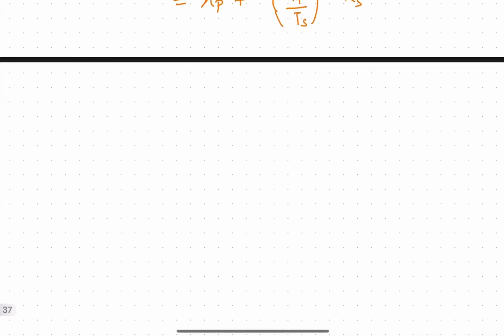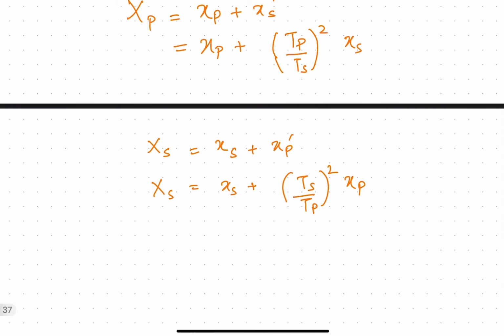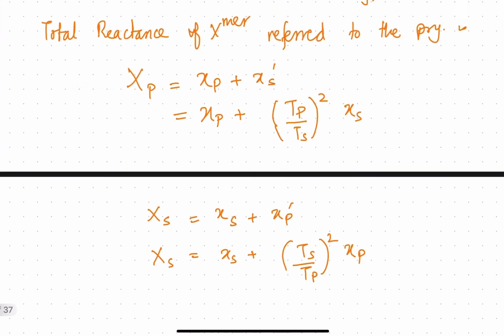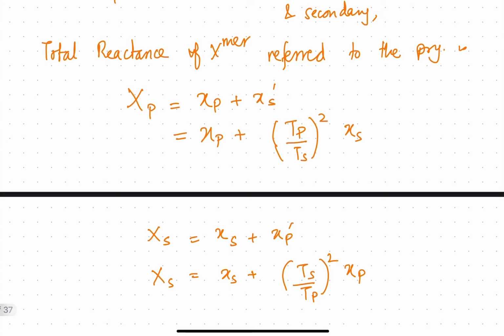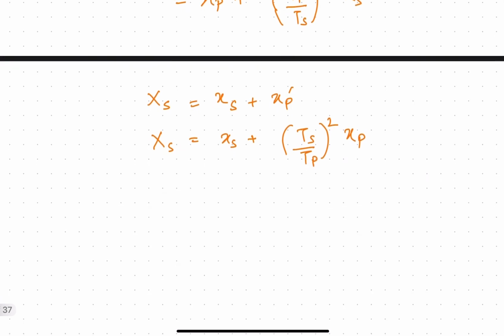And if you want to get the reactance referred to the secondary side, it's going to be xs plus xp dash, which is xs plus the inverse ratio whole squared times xp. One other thing that you must keep in mind is that this estimation of leakage flux or reactance is always difficult, because this involves calculation over a complex geometry.